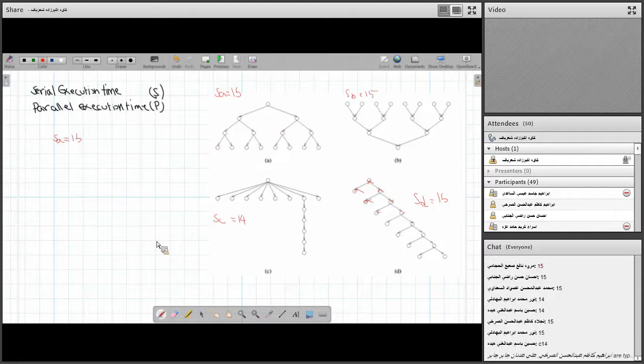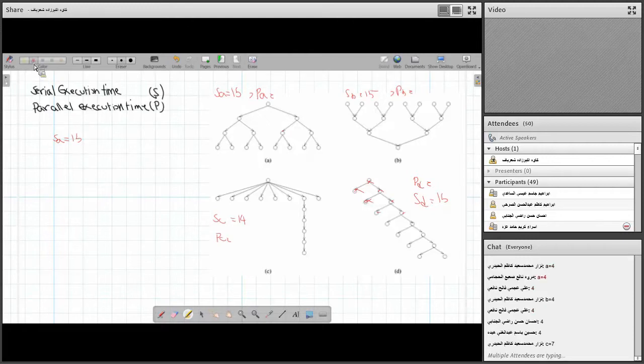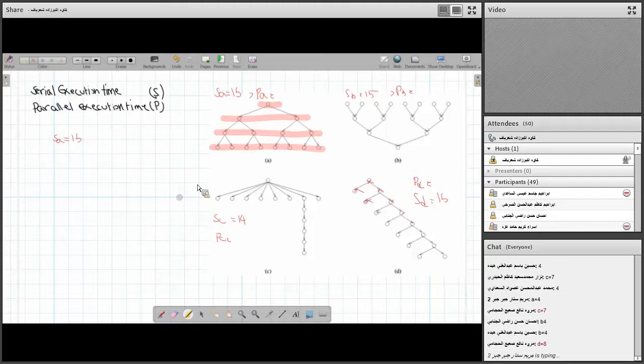Sorry. And now, what is the parallel execution time? Which means, what is PA, PB, PC, and PD? Assume that we have an infinite number of processes. One process executes this path, two processes this level, 4 processes for these 4, and 8 processes for these.